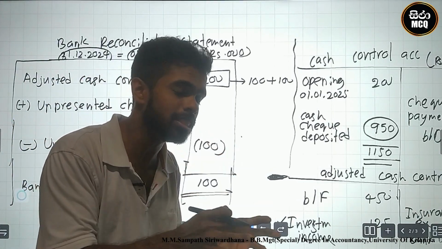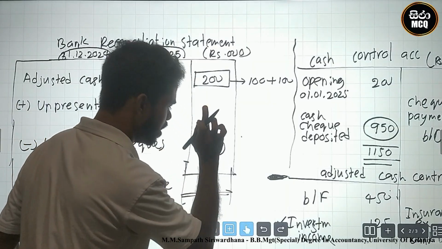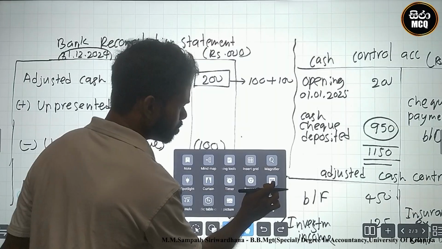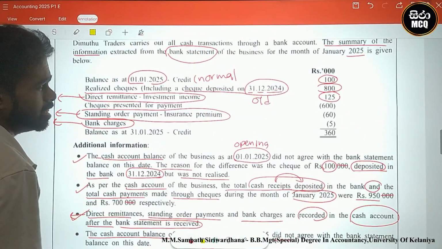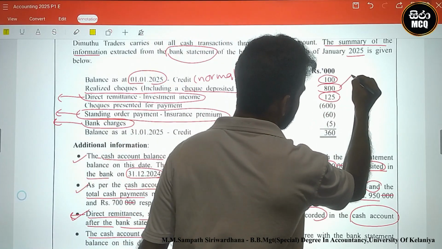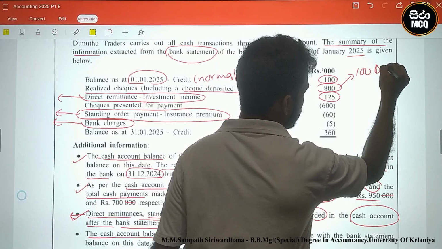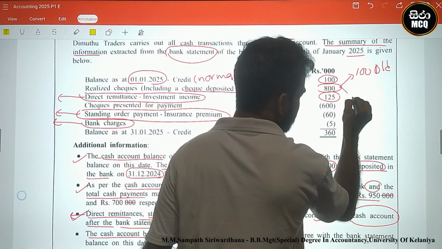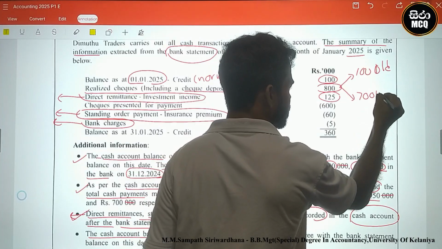They actually deposited it this month. Therefore, there are realized checks there. There is a 100 old check. You can identify clearly that 700 is new checks.